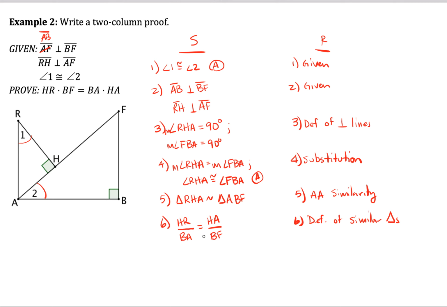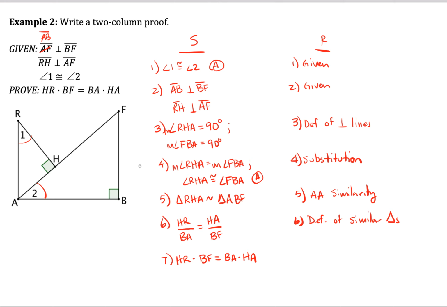Now what I notice is that if I actually use that cross multiplication property or the means extremes property, then what I end up with is HR times BF, this times that, or the extremes multiplied times each other, equaling the means multiplied times each other, and the means are these two terms, BA and HA.